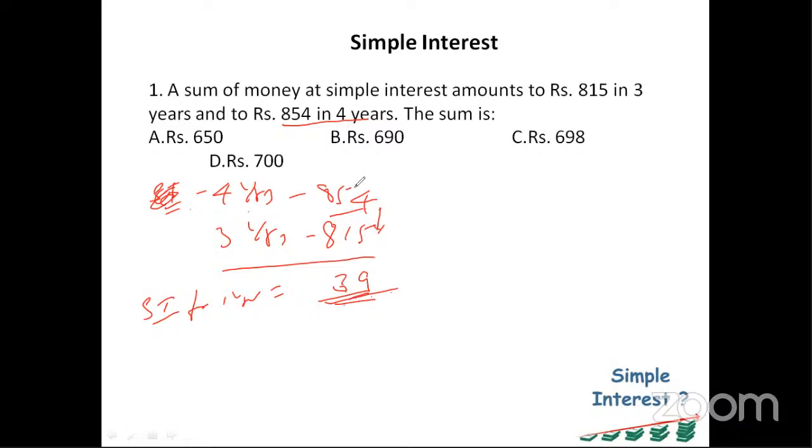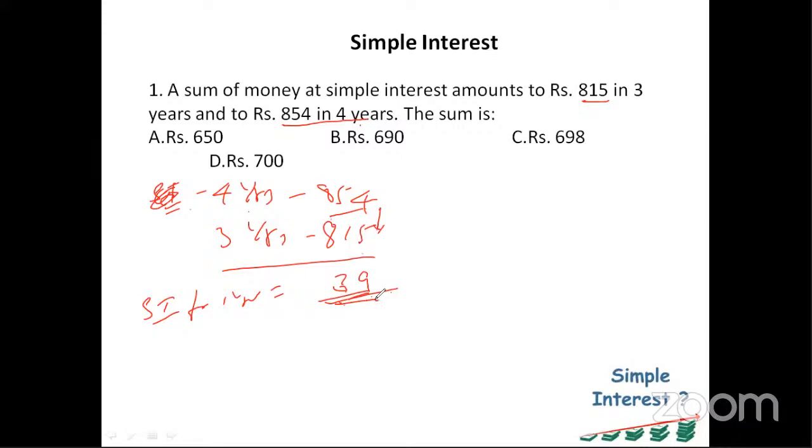How did we get this? A sum of money at simple interest amounts to 854 in 4 years and 815 in 3 years. That is including principal and simple interest. So we just do the subtraction and we get the simple interest for 1 year.